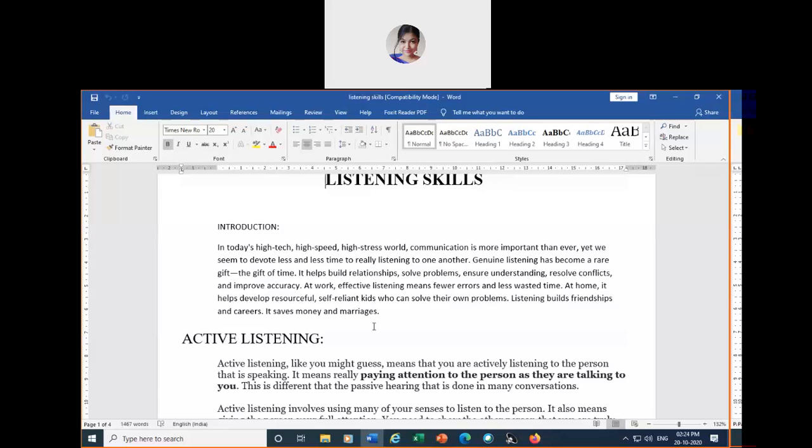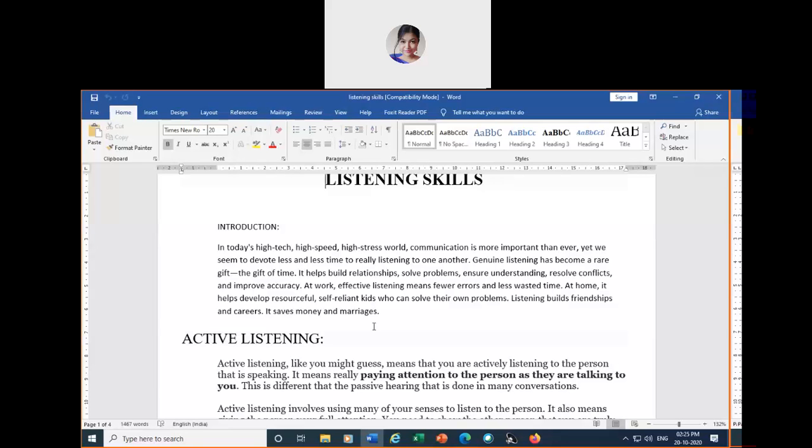That means you filter the speech and listen to maybe only 20%, 30%, or 80% of it, and you do not concentrate. So when a listener does not pay attention and filters the speech of the speaker, that is known as selective listening.